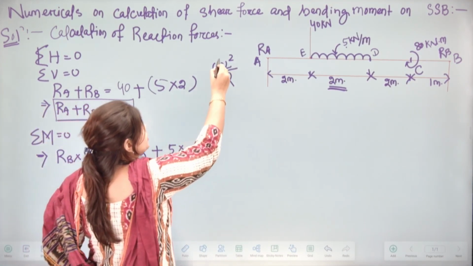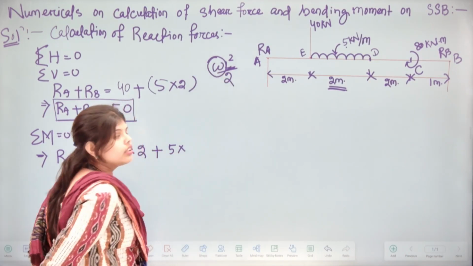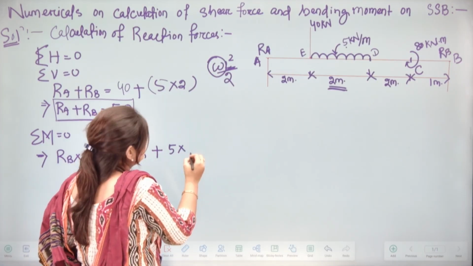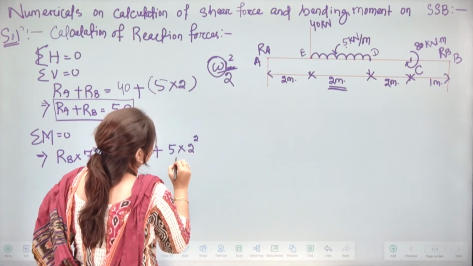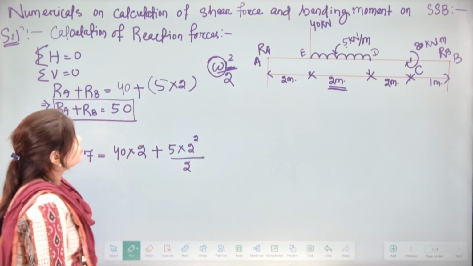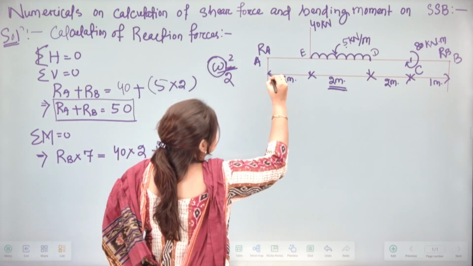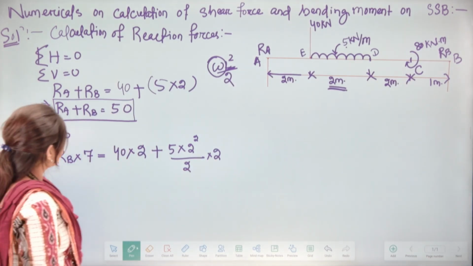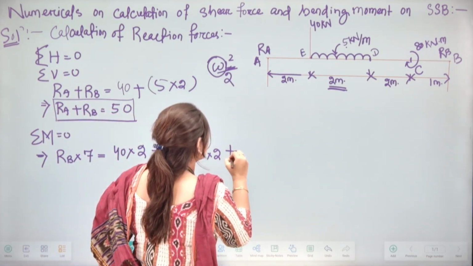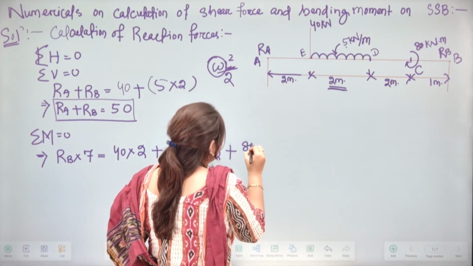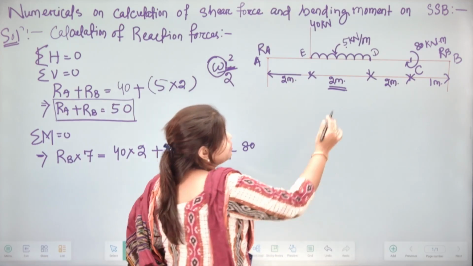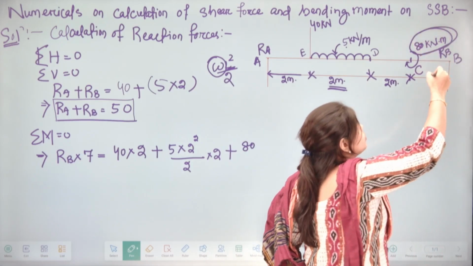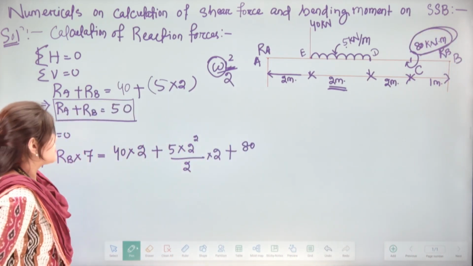W is your load, L is your length, divided by 2. So let us put that formula: 5 into square of 2 divided by 2, multiplied with this distance. Next, addition of the moment. You can ask why only moment, there is no multiplication of the distance, because already we have the moment here, so we don't need to multiply the distance.